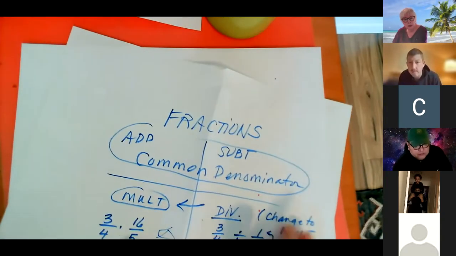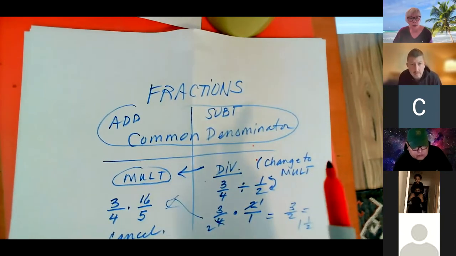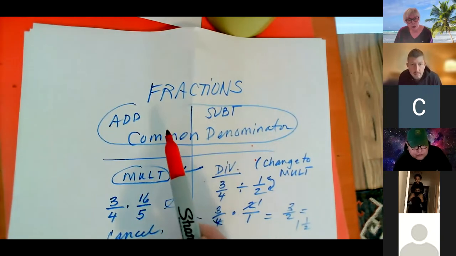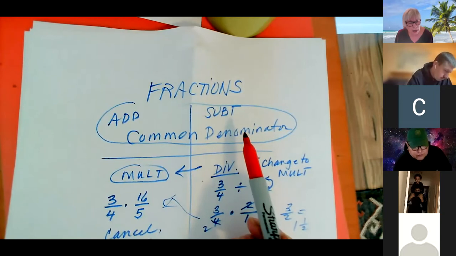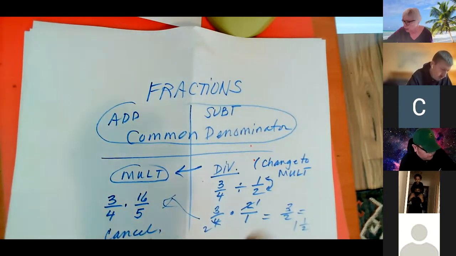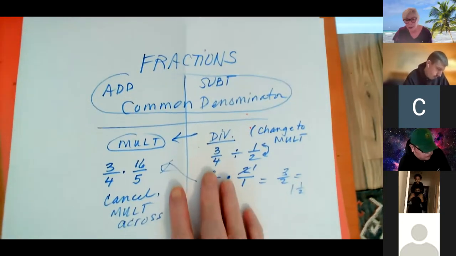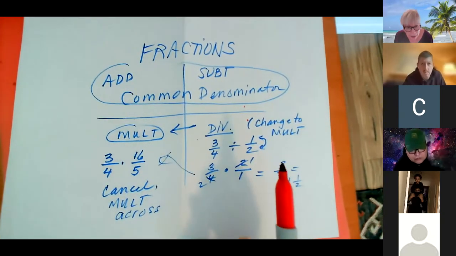Some people just lose it with fractions. And this was something I made for a student a while ago. So it's add, subtract, multiply, divide. The adding and subtracting requires the common denominator. If you're going to add or subtract, you need like things, and that's what amounts to getting a common denominator. But remember, when you multiply and divide, you can multiply or divide anything.